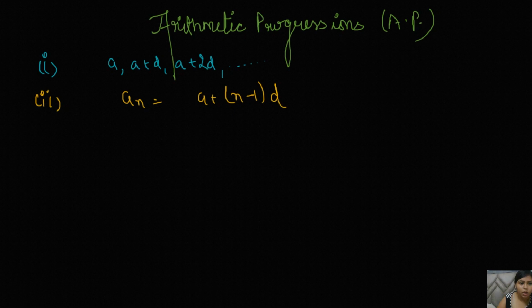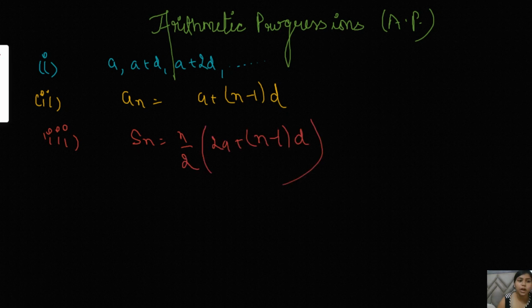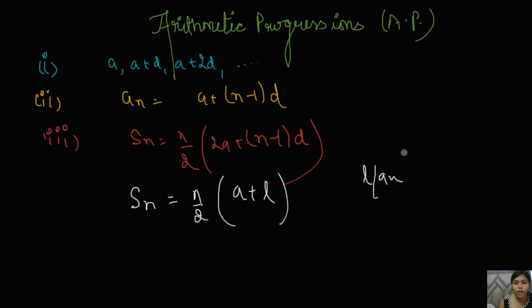Our next is your sum formula, that is Sn equals n by 2 into 2a plus n minus 1 d. You can also write it as Sn equals n by 2 into a plus l, okay, l or an, anything you want to use here.